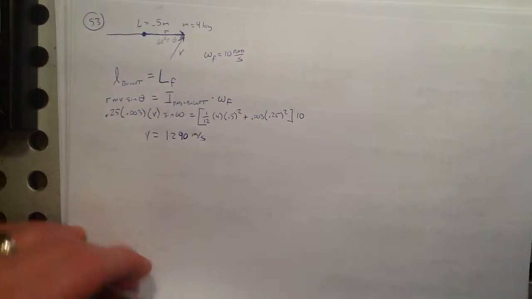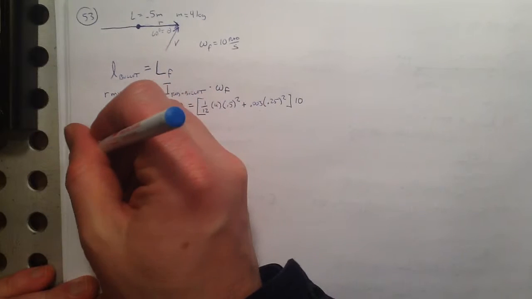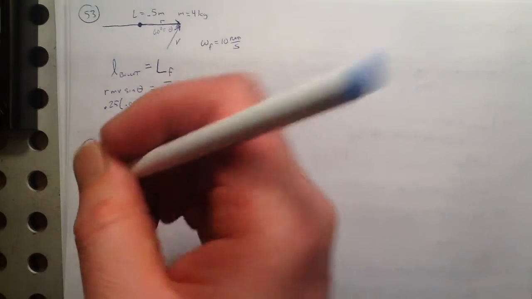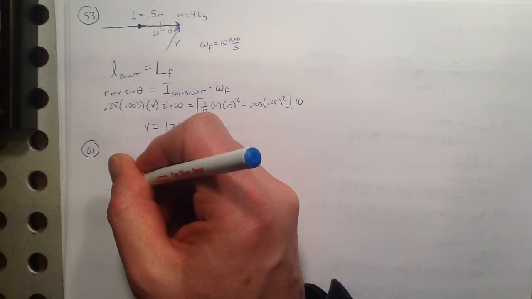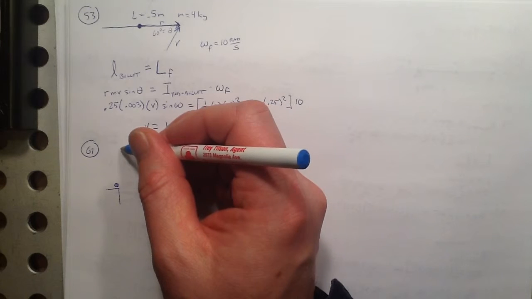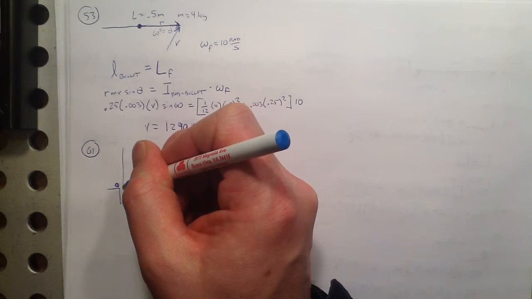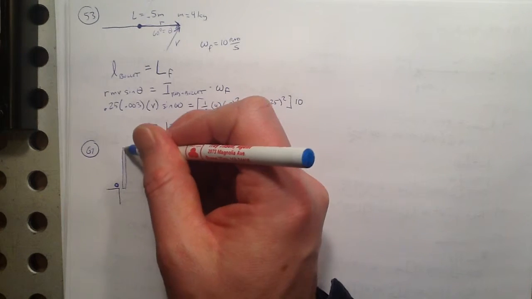And then our last one is number 61. In number 61, we have a rod and a little ball here. The rod is going to swing down and whack into this little ball sitting here.